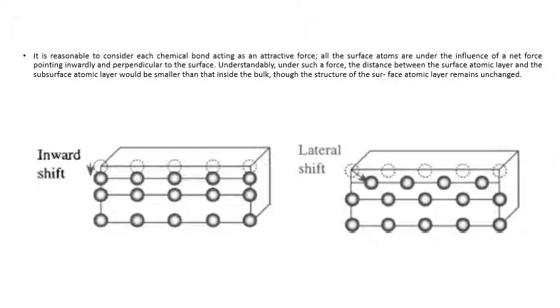Now due to this force, the distance between the surface layer and the subsurface atomic layer would be smaller. You can see here the top surface and the second layer, the distance will be less.